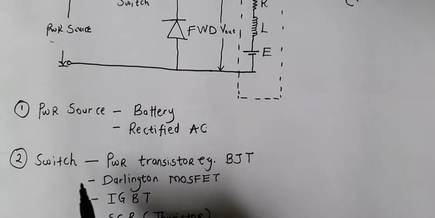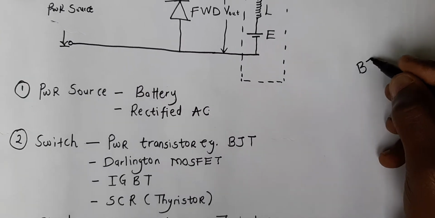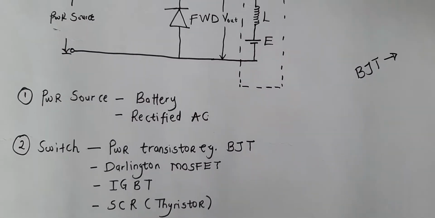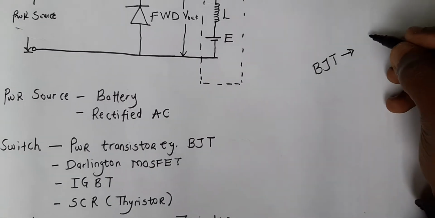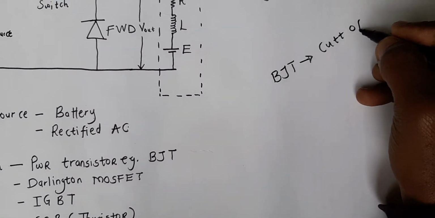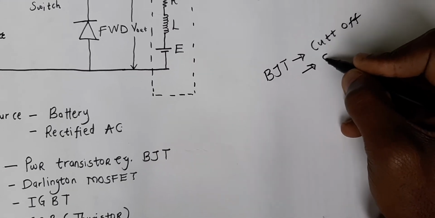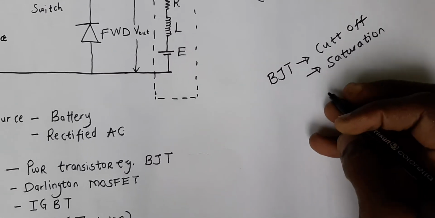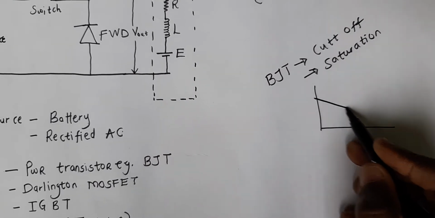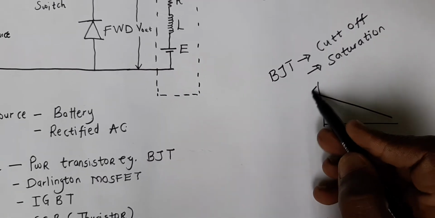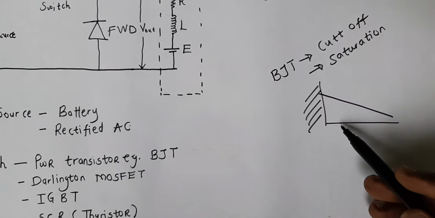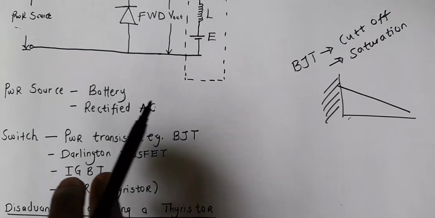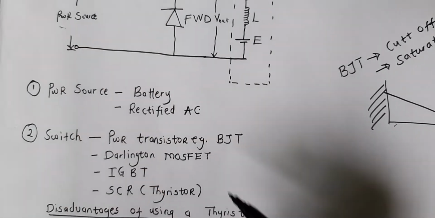For these BJTs or power transistors to be used as switch, they usually operate in two modes, which is in cutoff or saturation. They are not going to be used as amplifiers whereby they are operated in the linear region. So we are going to operate them in the cutoff mode and the saturation mode, and that is how we are going to use BJT as the switches.